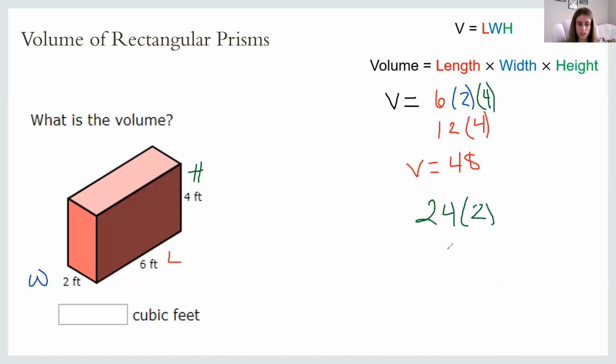And then 24 times 2 is 48. So right there, we just proved that when it's all multiplication, you can multiply in any order. So if that's something you would like to do, go for it. If you just want to be a creature of habit like I usually am and just go left to right, that's okay too. But our answer is the volume is 48 cubic feet.